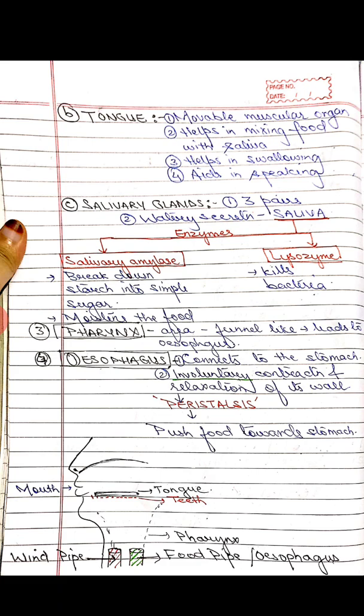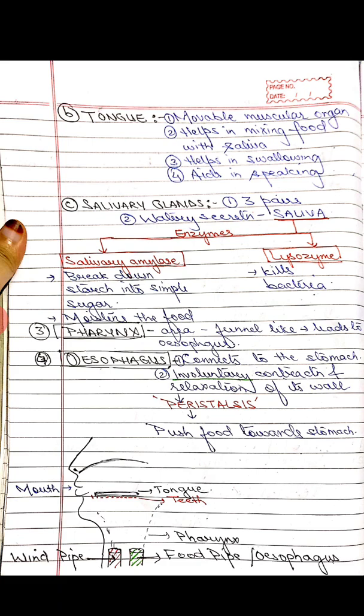Now, whatever food we are eating is kept in the open, and it contains a lot of bacteria, and in the air also there are a lot of bacteria and viruses. When we are speaking, those bacteria are continuously entering into our mouth, but we are not affected by them very often.